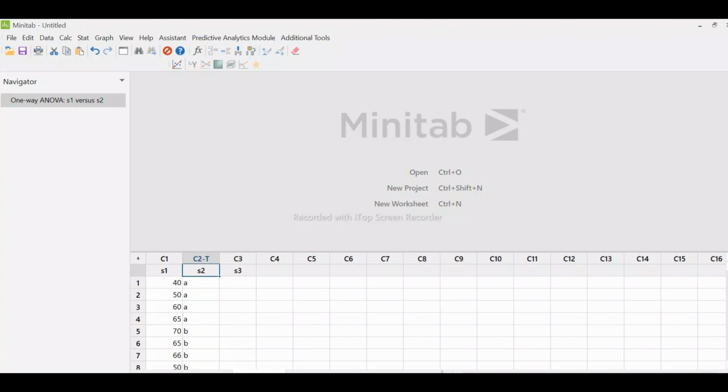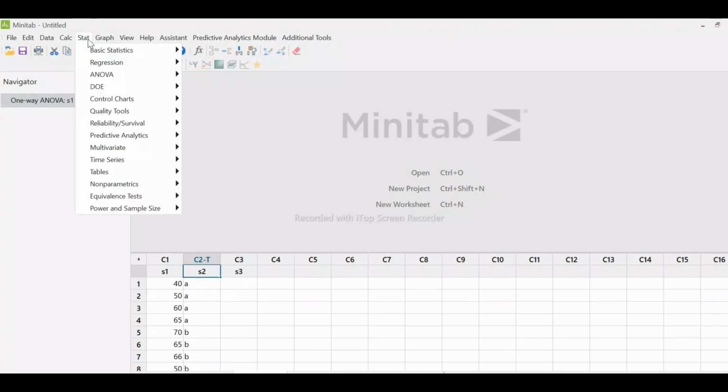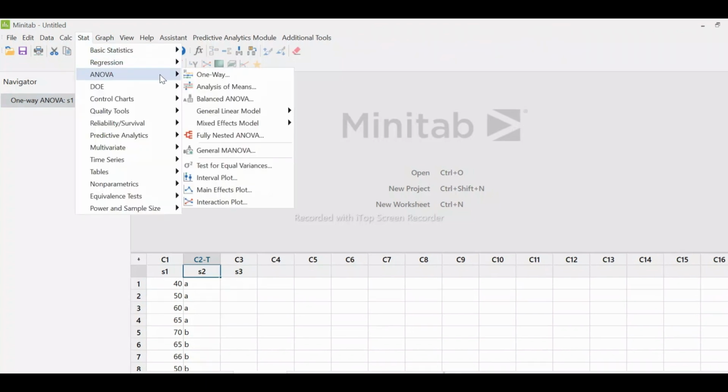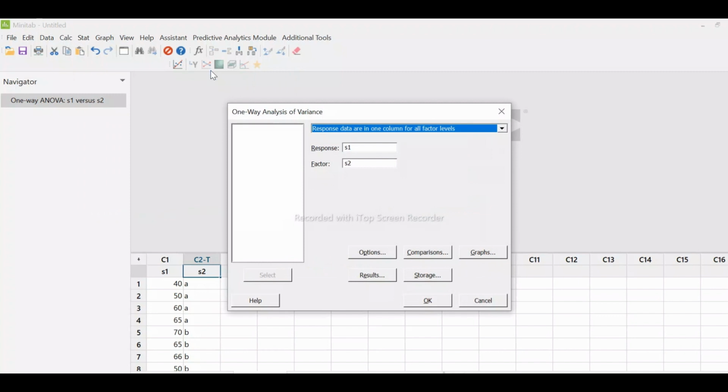So here we are done with the coding, and for the results we go to Stat, then ANOVA, then One-Way ANOVA, because we are doing one-way ANOVA. Here we have the option: response data are in one column for all factor levels.